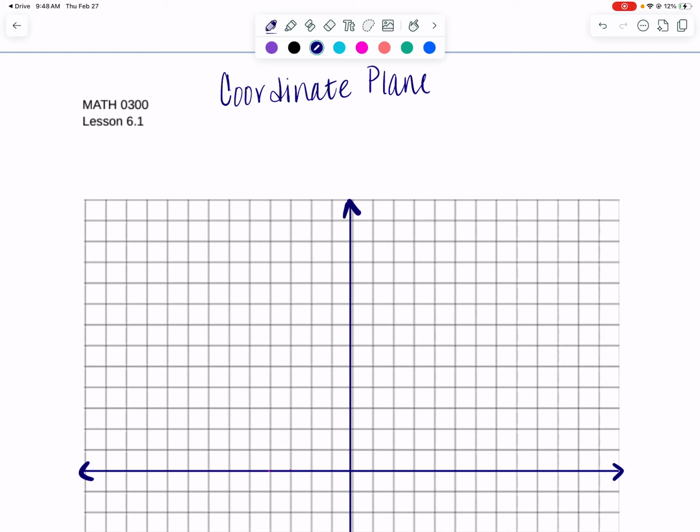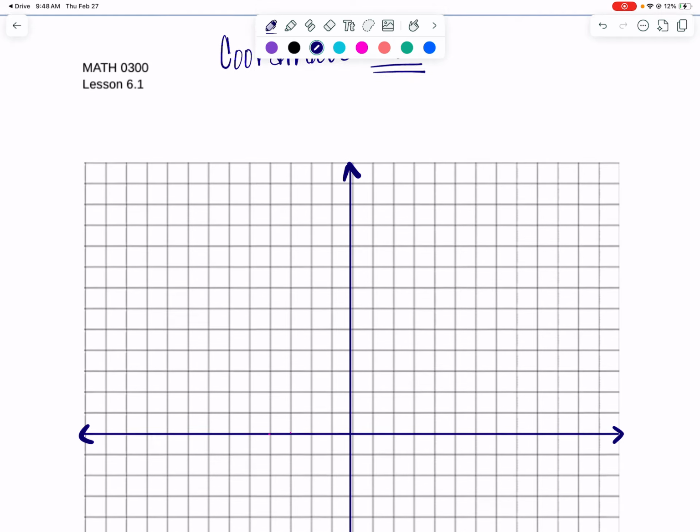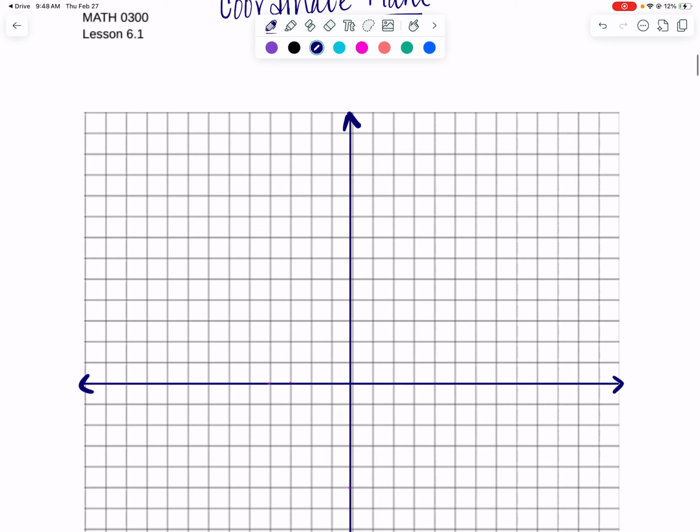But this is a plane as in geometric space, as in a flat surface. We are going to use this flat surface that you see before you to plot the coordinates or the locations of our points.